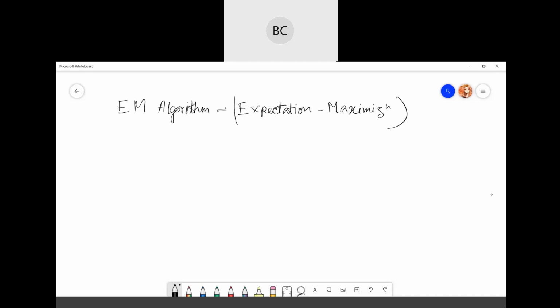Most of the times, maximum likelihood estimation is a challenging task. So with the help of the EM algorithm, people try to find a solution to a probabilistic maximum likelihood problem.